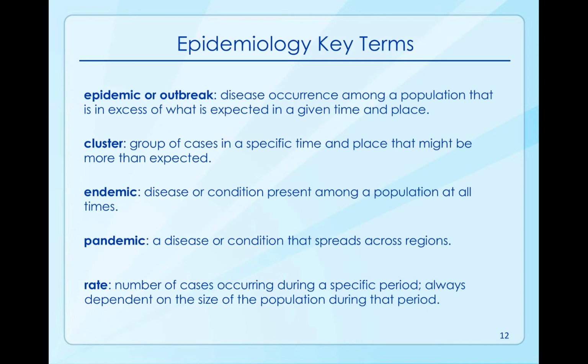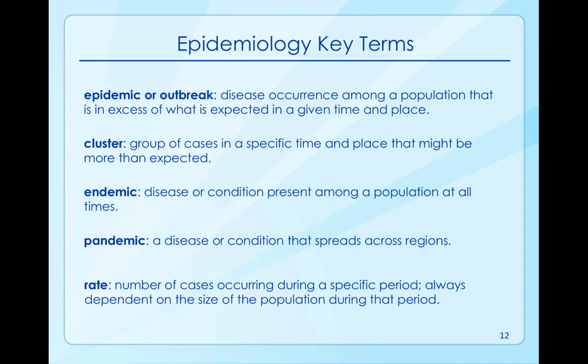A cluster is when you have a group of cases of a particular thing in a particular region that's more than expected, but it's not quite as wide as an epidemic. Endemic is a disease or condition that is present among the population at all times. We could almost say that obesity has become endemic in the United States. Pandemic, on the other hand, is a condition that spreads across regions or becomes global.